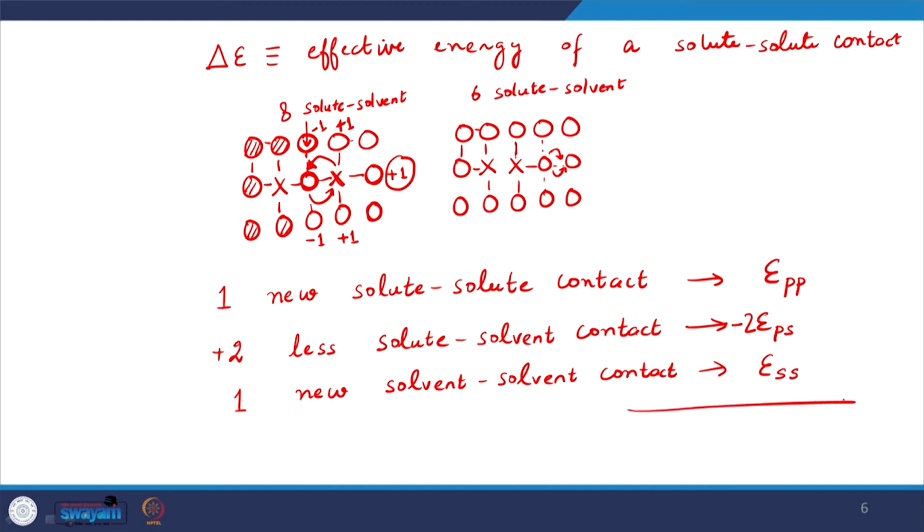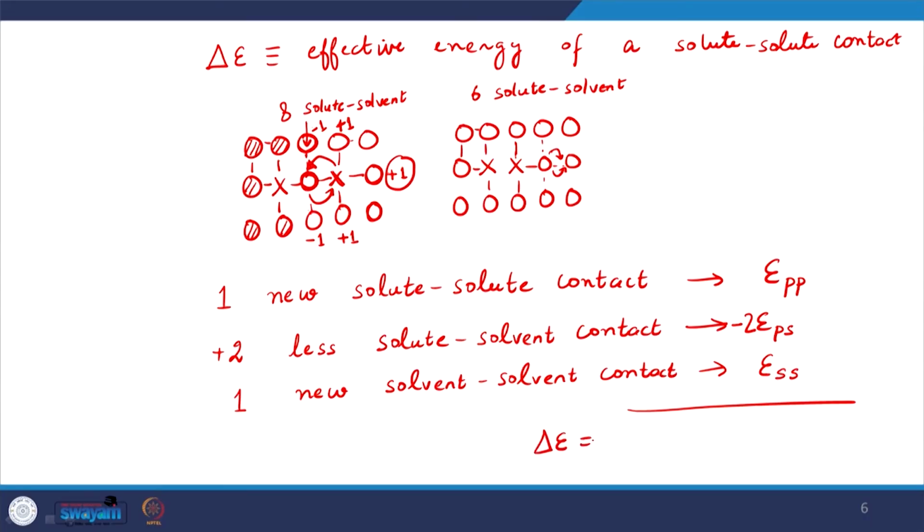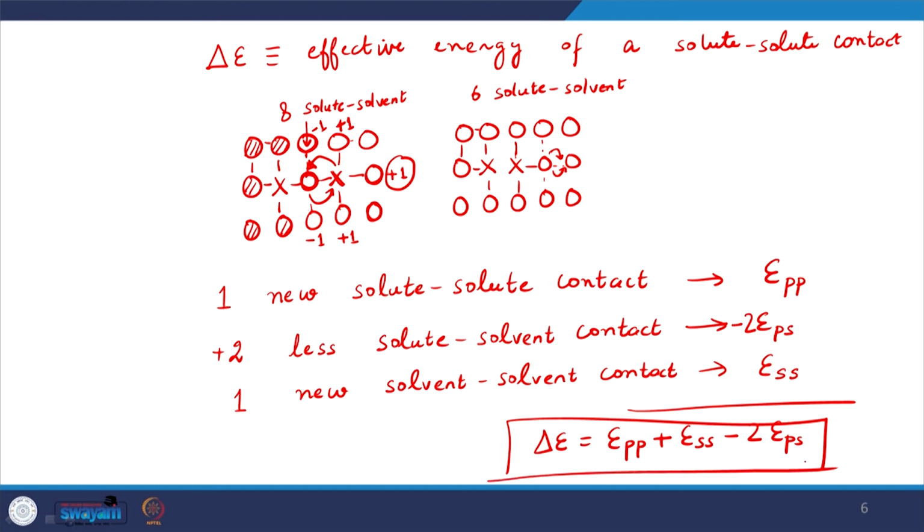So, in total, when the 2 solute molecules came together, the energy change is epsilon PP plus epsilon SS minus 2 epsilon PS, right. So, it is not only the solute-solute interaction that determines whether the solutes will come together, but it is also the solute-solvent and solvent-solvent interaction that dictates this particular process.